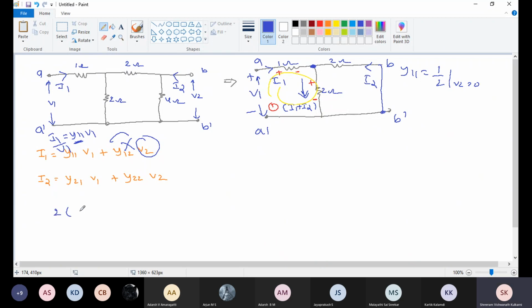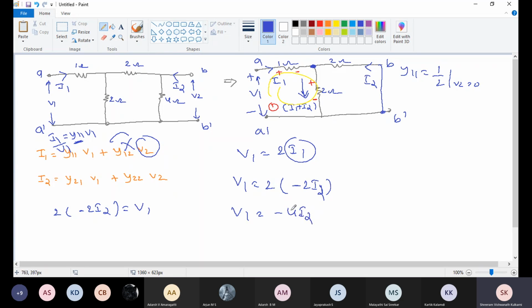I1 equals minus 2I2, and V1 equals... What is my equation 2? That is V1 equal to 2I1. So if I substitute this I1 in terms of I2, that is minus 2I2, V1 equal to minus 4I2. 2 into 2, minus 4.